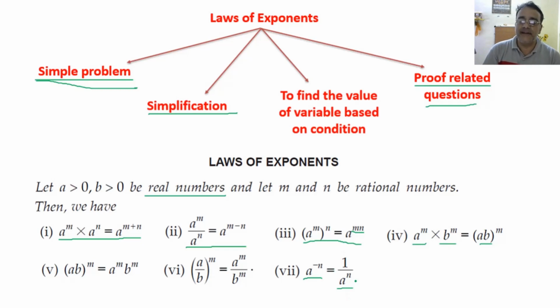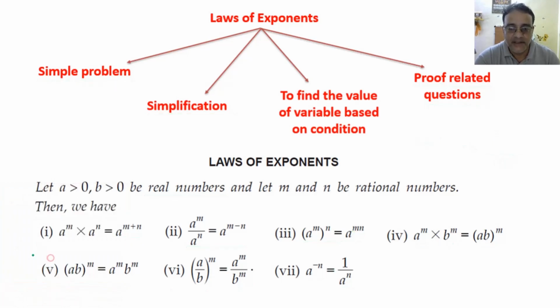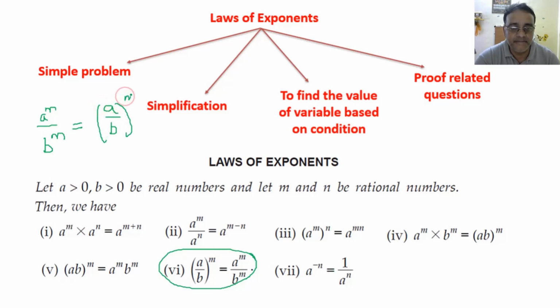So a to the power minus 1, how much will it be? 1 upon a to the power 1, so it will be 1 upon a. Okay. Similarly, we can write the converse of this also. How will you write it? If it is given in the form a to the power m upon b to the power m, then you will get a upon b whole to the power m.